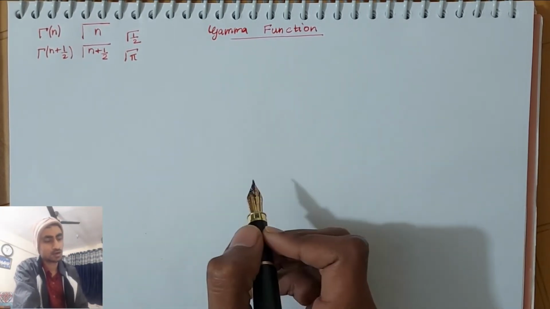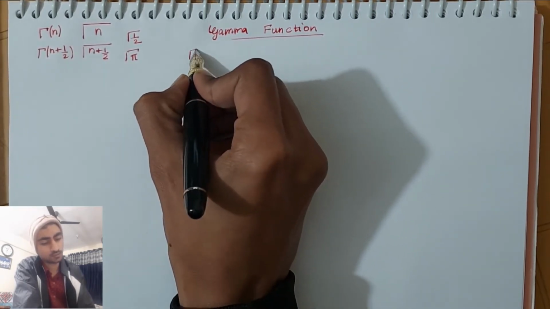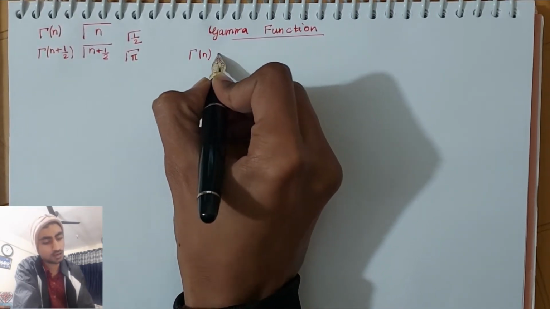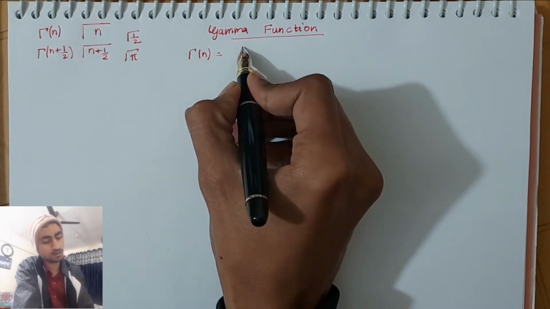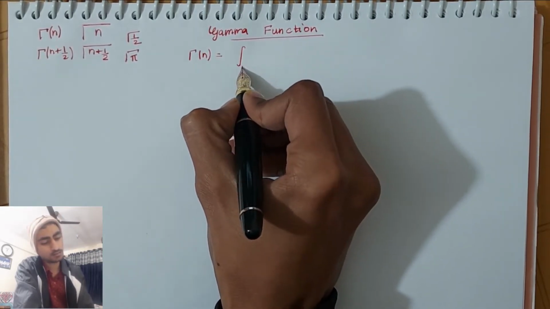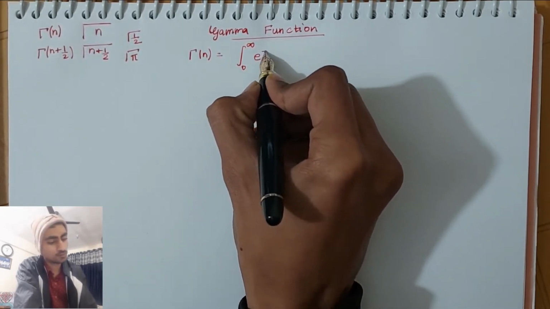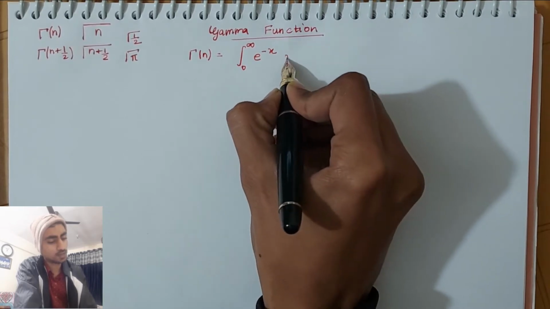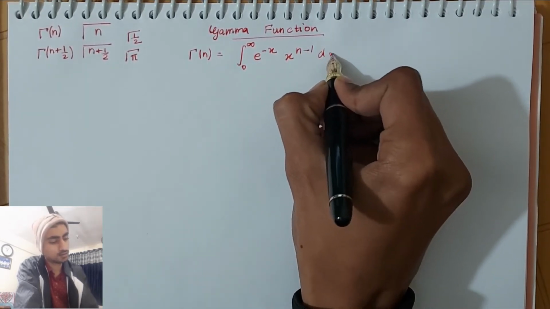But let's start. So let's define what gamma is. Gamma of n, gamma as a function of n, is defined as an improper integral from 0 to infinity of e to the power minus x, x to the power n minus 1 dx.